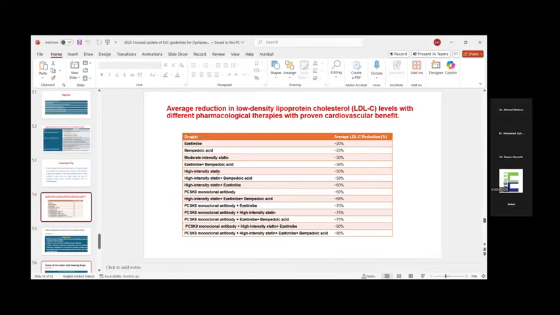This is the comparative efficacy of the different combinations, starting with ezetimibe that can cause a reduction in the baseline LDL by about 20%, and ending with the quadruple combination, PCSK9 monoclonal antibody plus high intensity statin plus ezetimibe plus bempedoic acid, which can result in 86% reduction from the baseline LDL level.